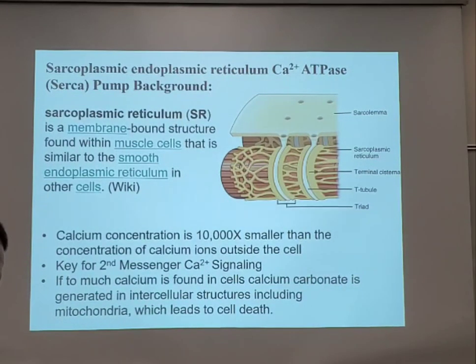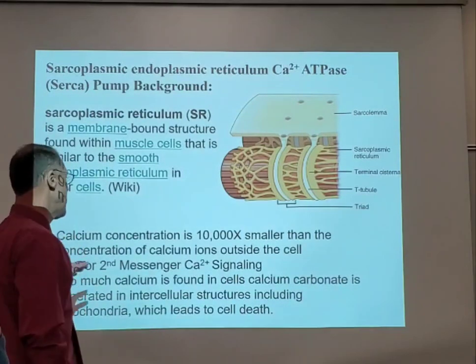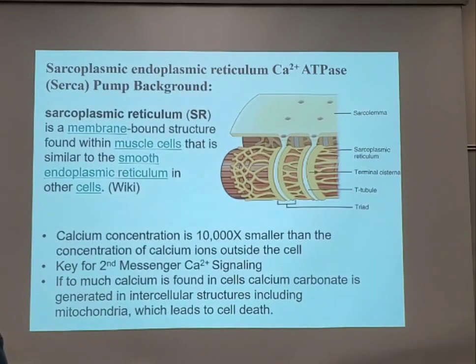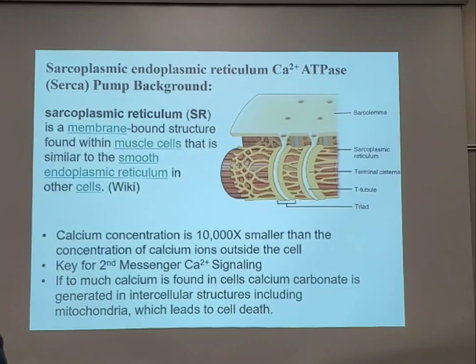Wait a second. Every cell is doing active metabolism, and every cell has calcium and carbonates. I better be in control of this, or I'm going to be in trouble. That's right. We have to keep the calcium in the right place and at a smaller concentration, or else we'll get death.